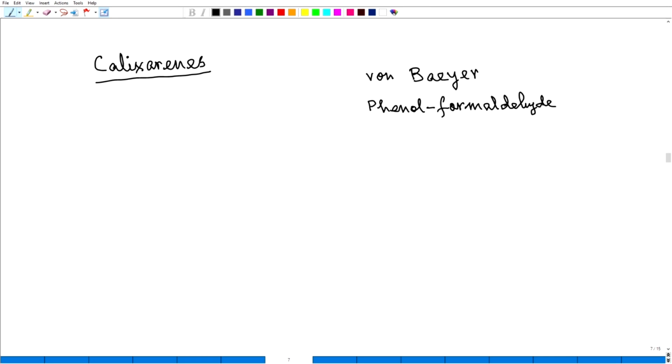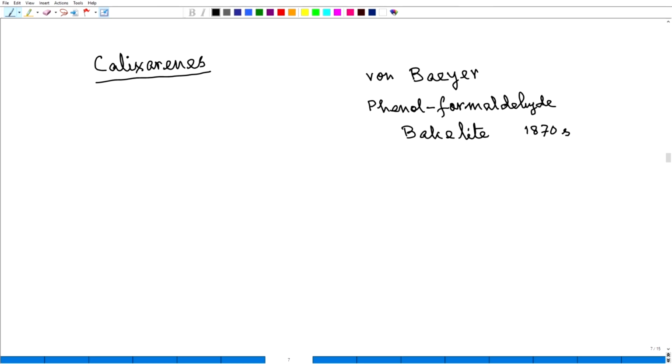So, it can form phenol formaldehyde resin and that is very popularly called bakelite, bakelite plastic, which was discovered long time ago, in the 1870s, so more than a century.